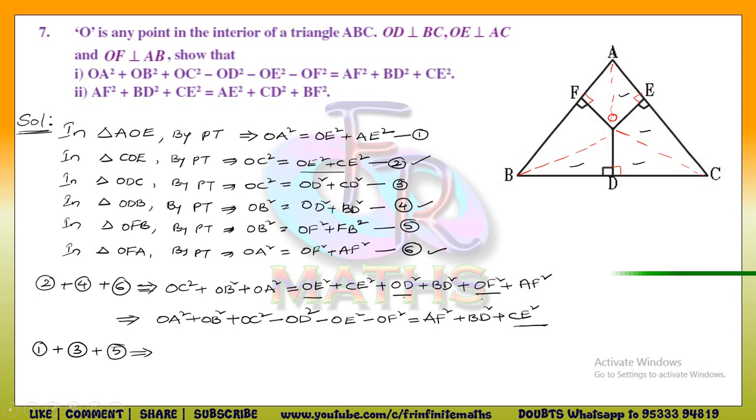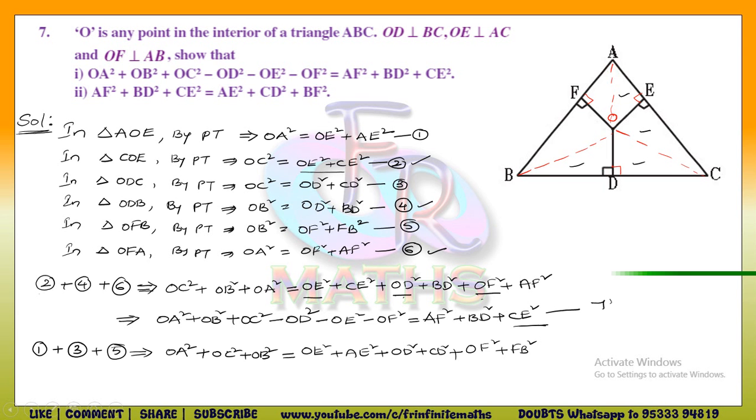Now when I add these 3, on the left hand side I get OA square plus OC square plus OB square, which is equal to the first equation, OE square plus AE square, plus OD square plus CD square, plus the 5th equation, OF square plus FB square. Are you clear with this?